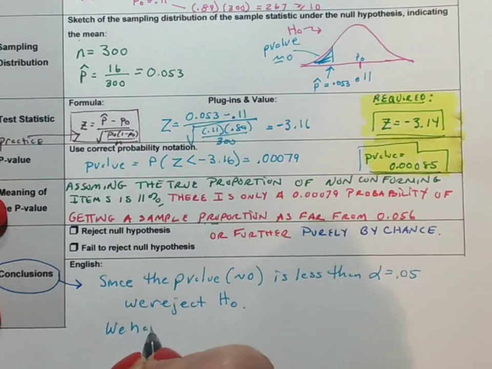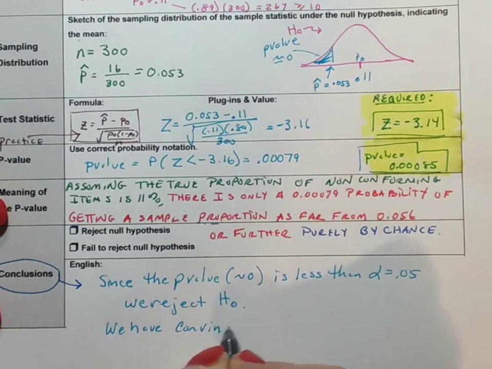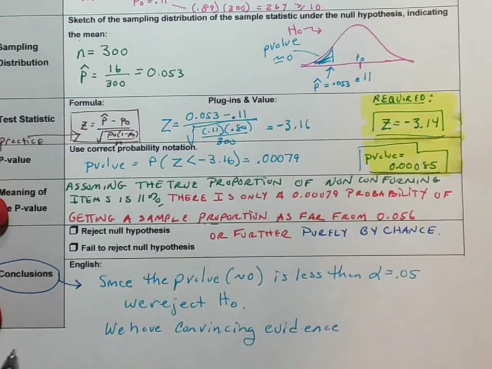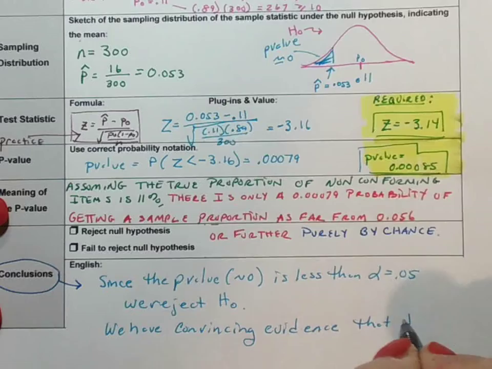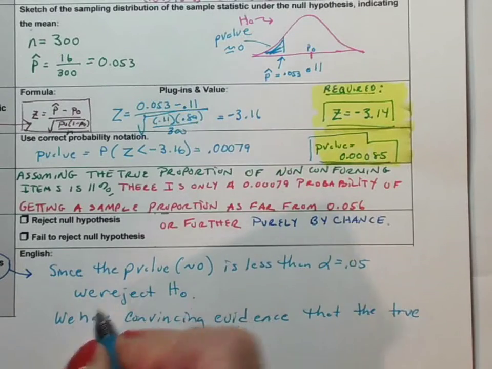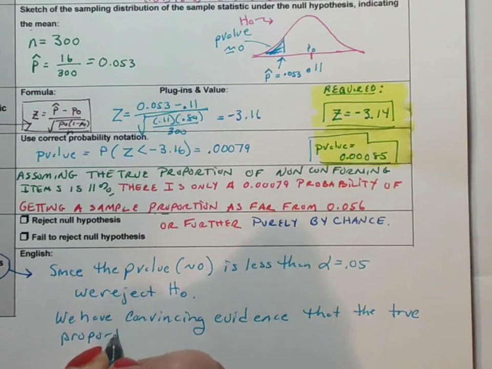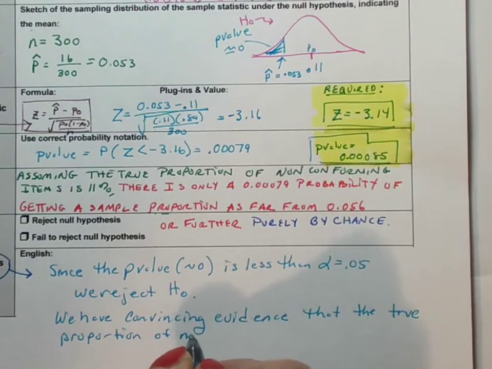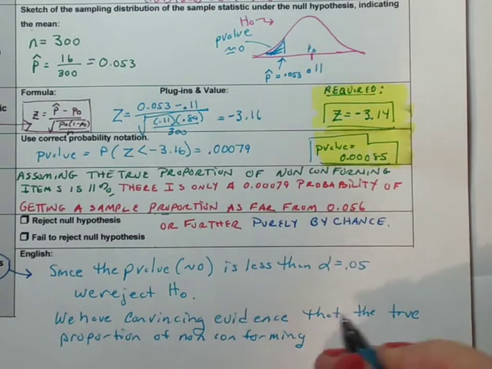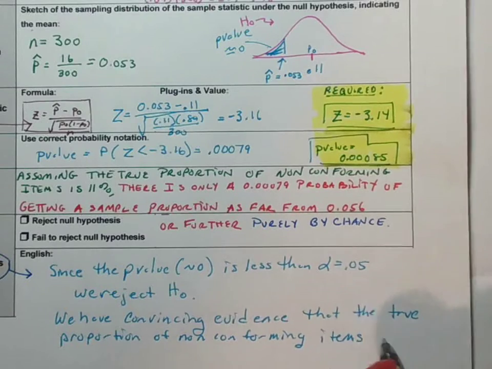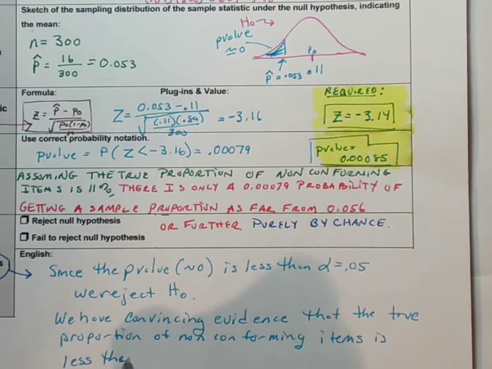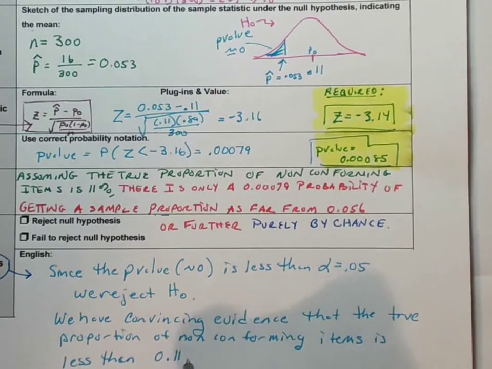We have convincing evidence that the true proportion of non-conforming items is less than 0.11.